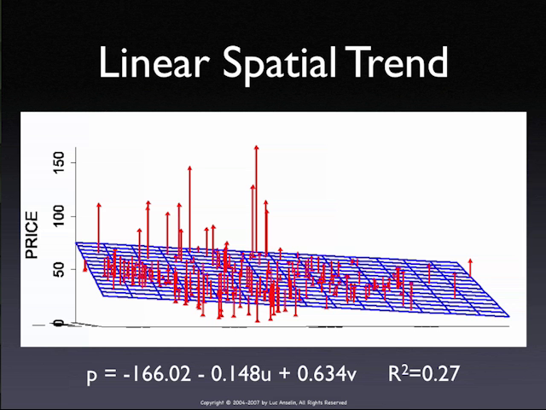And very often this is a useful exploratory device in that it very quickly can tell you something about the spatial distribution of the data. Is this uniform? Is it random? If it's totally random, then the fit of a spatial trend will be very poor. This spatial trend is also something which suggests that the mean is not constant over space, which violates one of our stationarity assumptions.